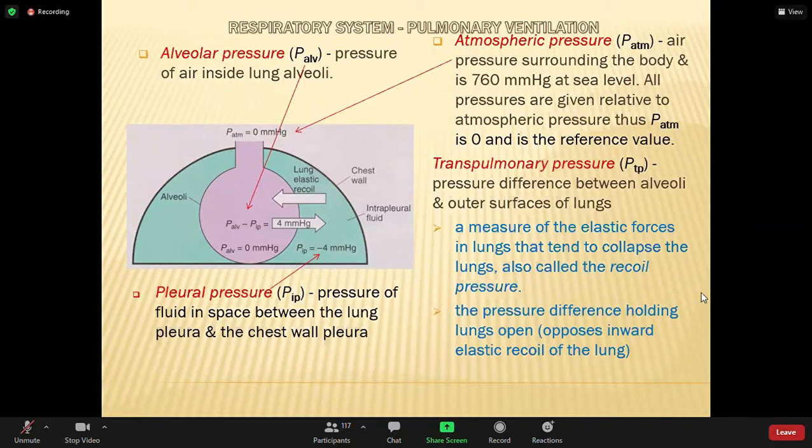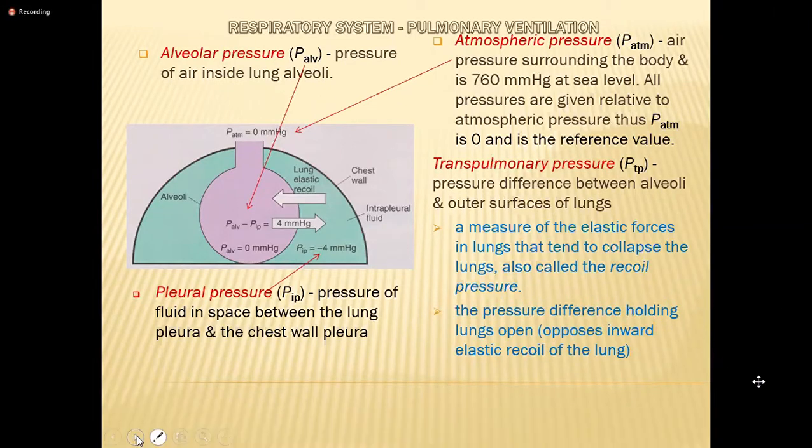The pressure difference holding the lungs open opposes the inward elastic recoil of the lung. It opposes, so since it is positive, this one is negative.